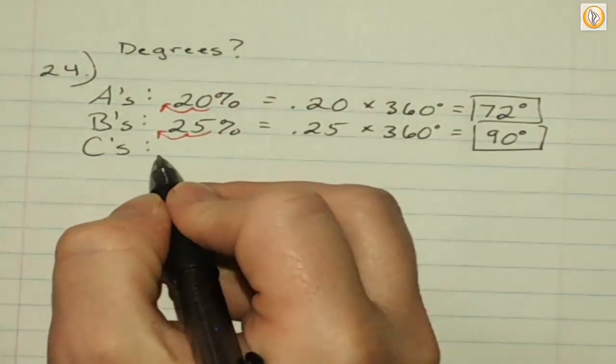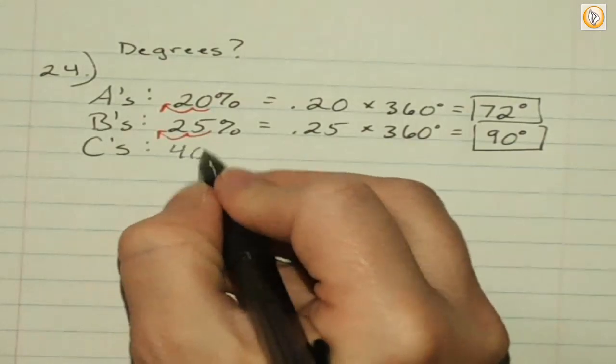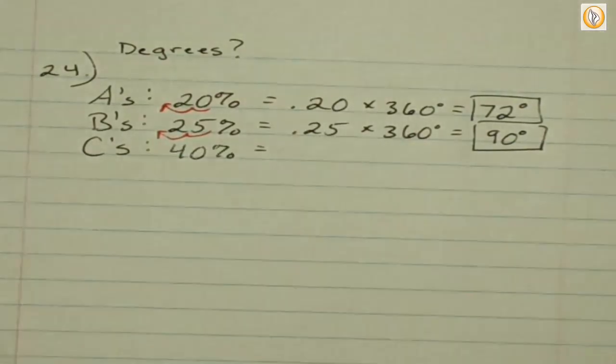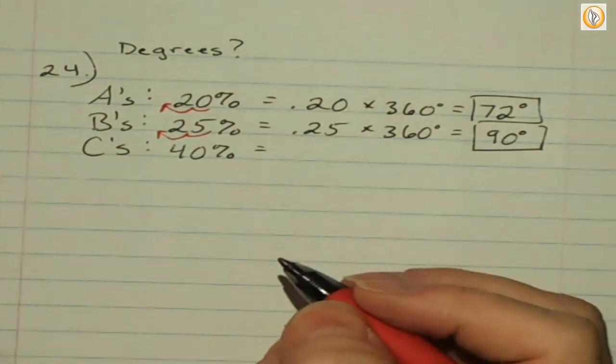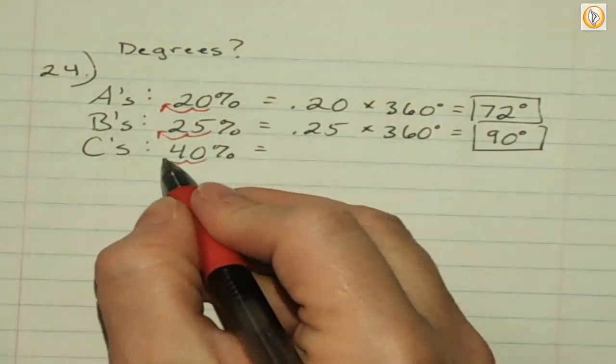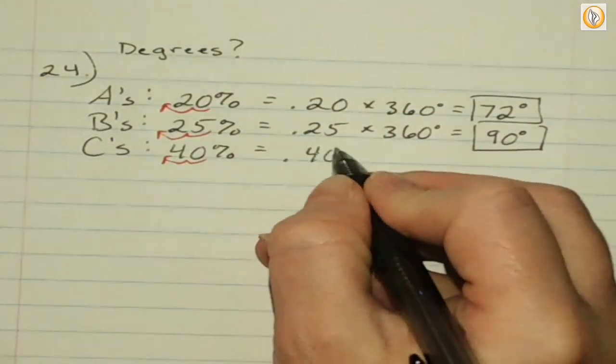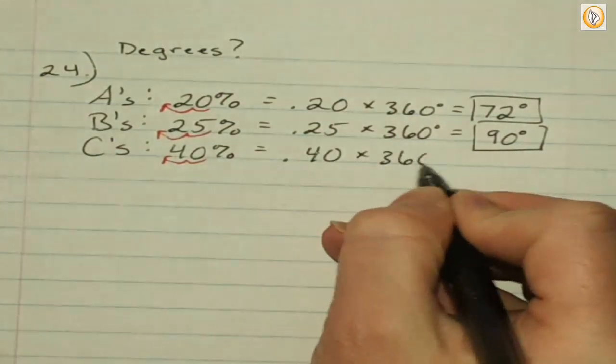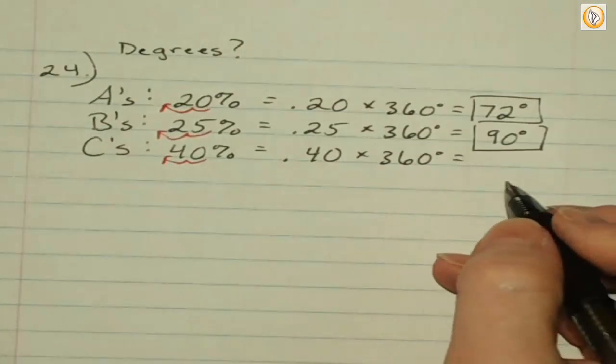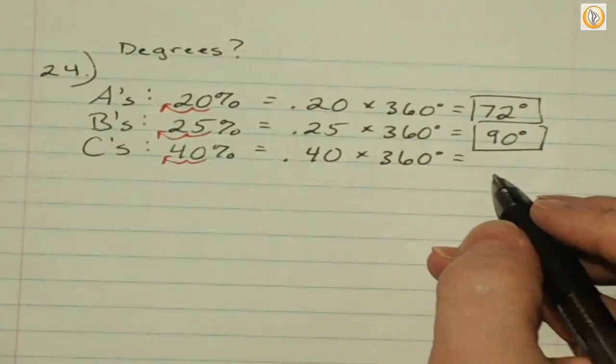Good. C's are 40%. What do I do? Good. Do you have your calculator? Okay, Joseph? They'll be doing it by hand.